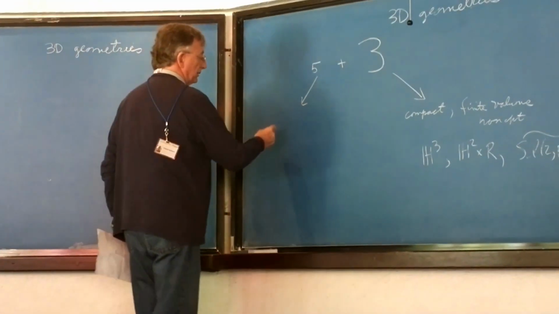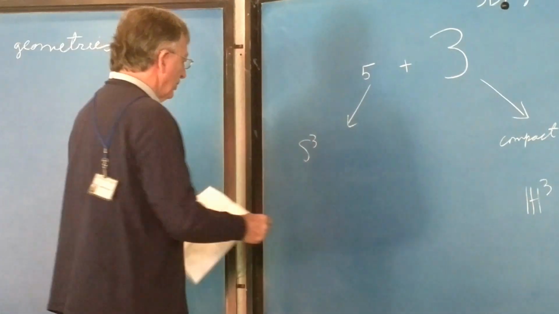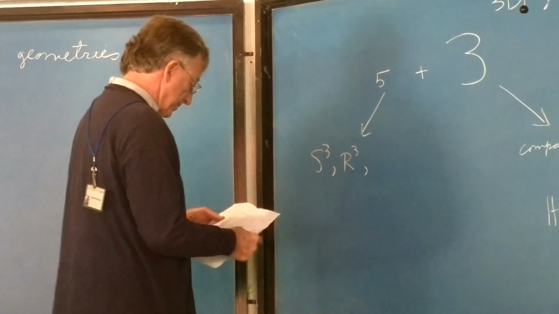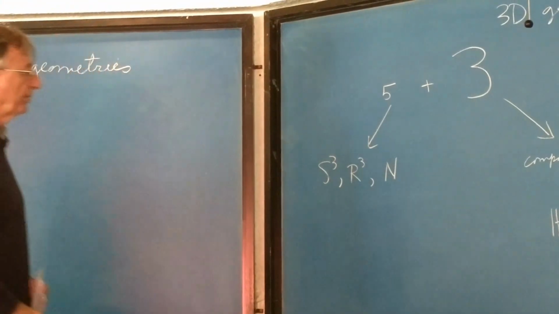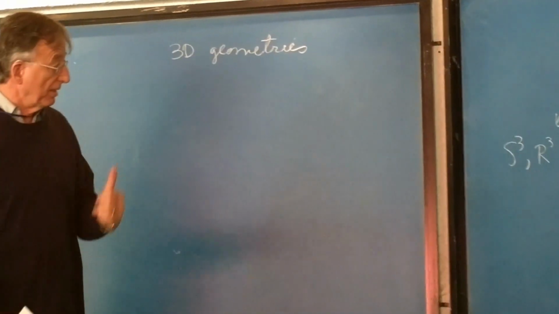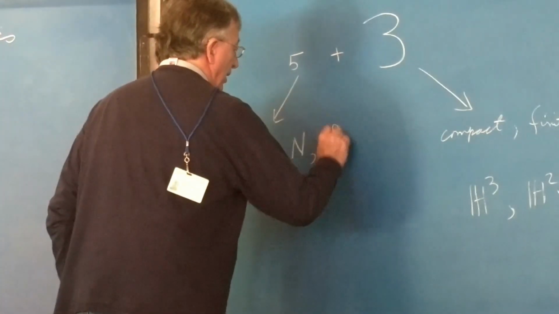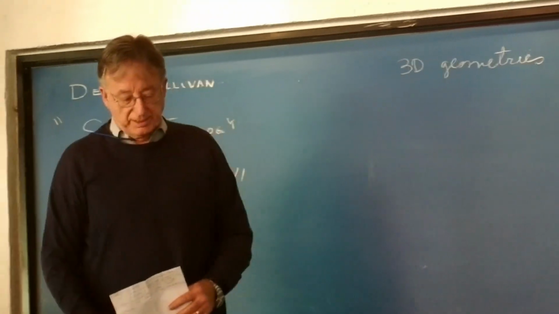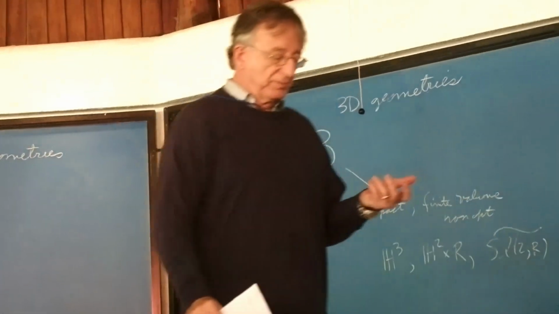geometries. You have, well, S3 is the only compact one, and then R3, and then N is the 2-step nilpotent group, the Heisenberg group, R2 and 1 R in the center, and then you have the 3-dimensional solvable Lie group, which is unimodular, which means the left Haar measure equals the right Haar measure.